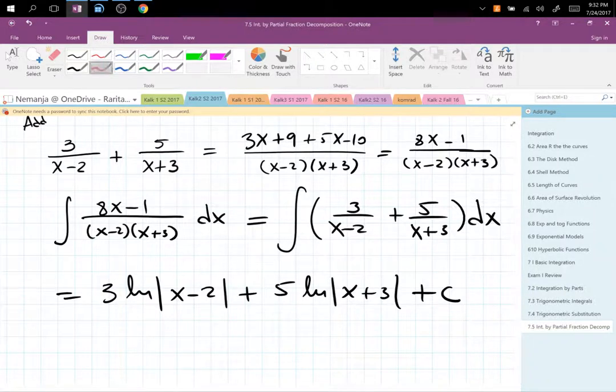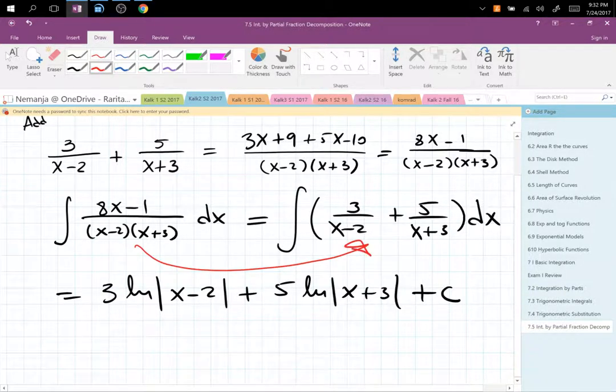The question is, how do we get this? So we know in algebra how to go forward, which is addition of rational functions. Going backwards is called partial fraction decomposition, and it's a procedure that you learn.